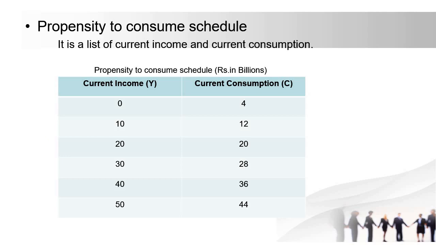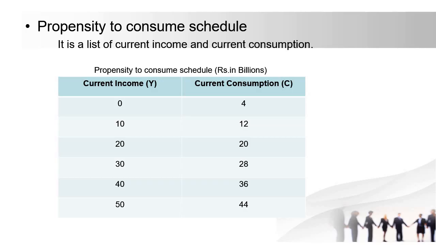Next we move on to a new term, propensity to consume schedule. The propensity to consume schedule is a list of current income and current consumption. It is explained with the help of a table, in rupees in billions.